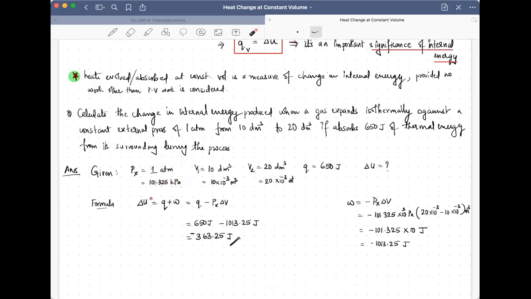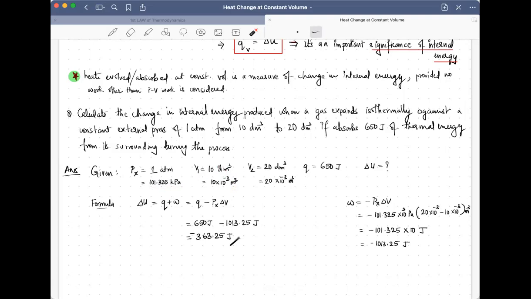This is the conversion factor, which you will find in your unit books, but you can remember this. Volume also needs to be converted to the SI unit, since it is given in decimeter cube. The SI unit is meter cube.